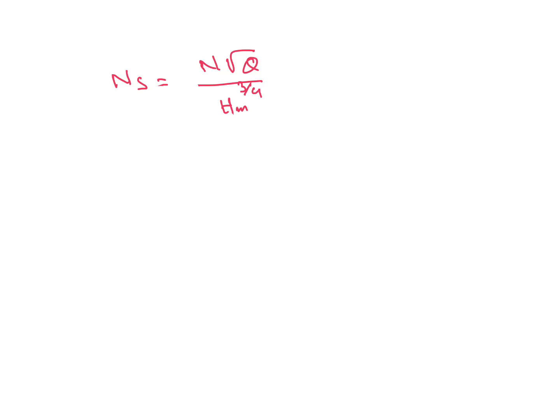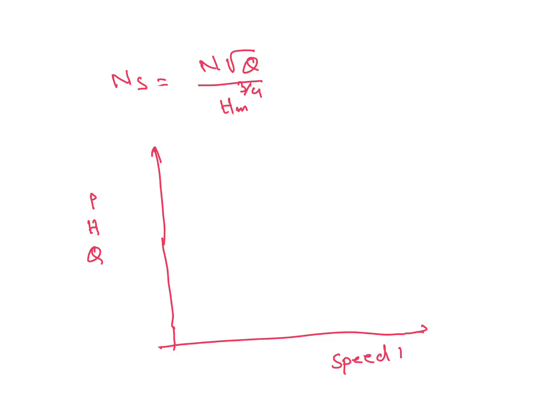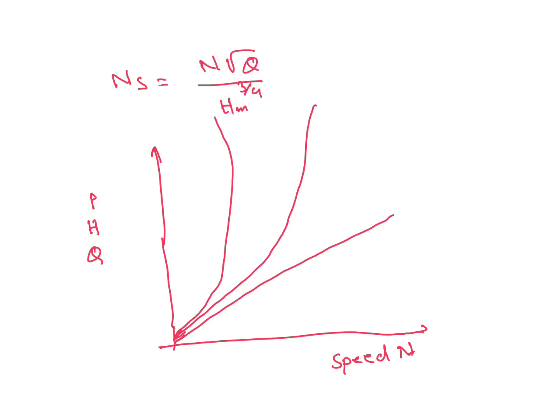And its curve is also important: power, head and discharge Q versus speed N. Here Q is directly proportional to N. It will go like this, and for head it's N square, and for power it's N cube. Q is proportional to N, head proportional to N square, power proportional to N cube.